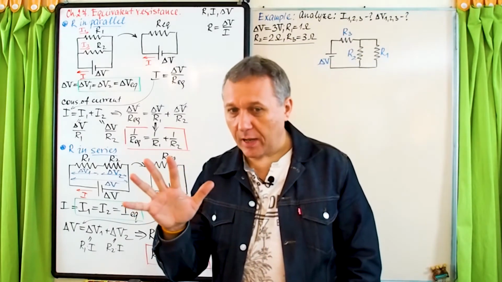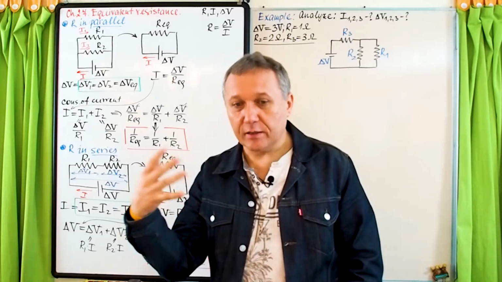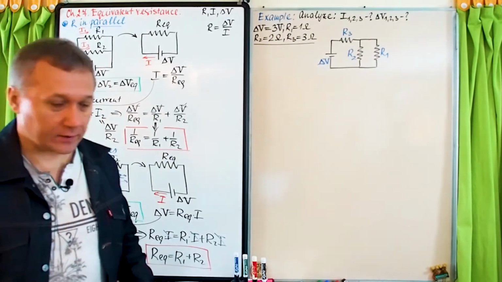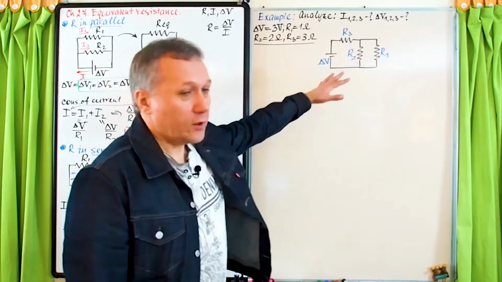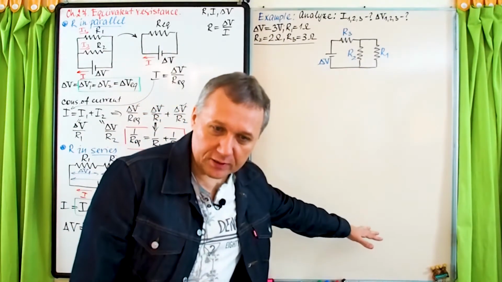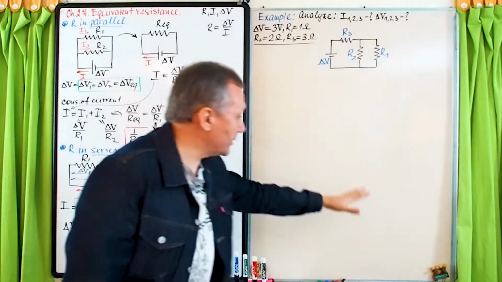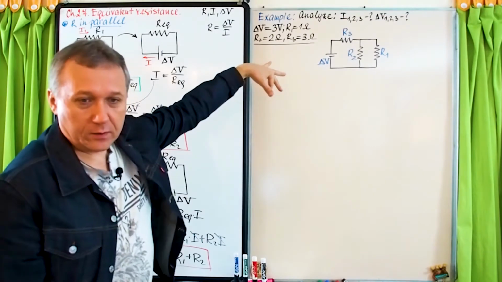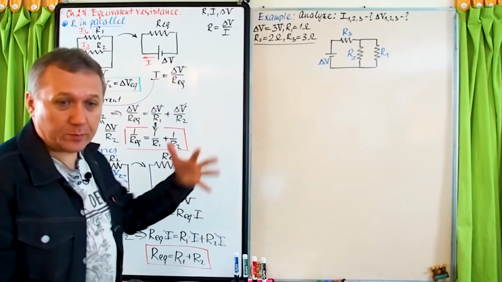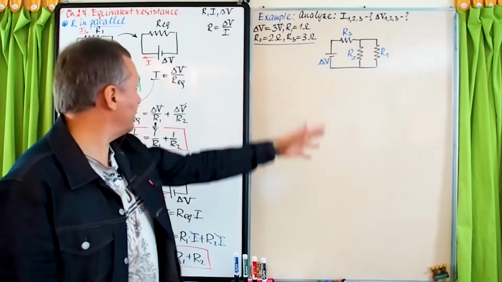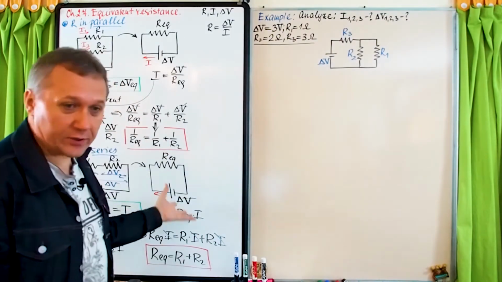Very similar idea of the solution. The idea is very similar to the one which we used analyzing capacitors connected in series and parallel. So first, we need to simplify the circuit to the simplest possible, to something like this. And then we will start moving back, using these pieces of physics as bridges to find everything that needs to be found. But first, we will simplify using these formulas which we just derived.